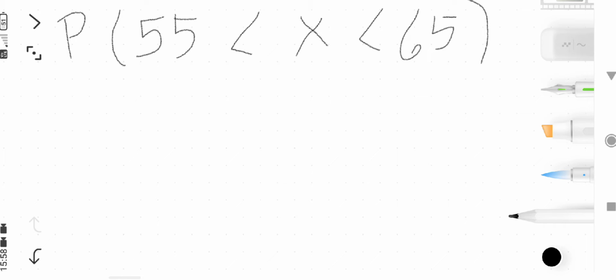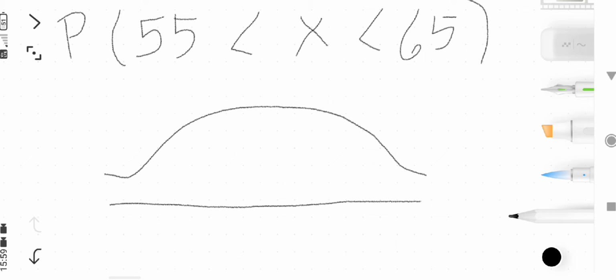So let's now have an example. We're going to draw a normal curve distribution, and we're going to put in the middle our mean, which is 55. The mean separates the curve equally. As you can see, x is greater than 55 but less than 65. So we're going to put the 65 on the right side of 55.